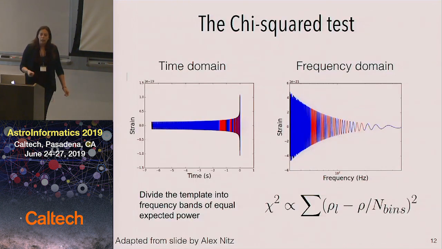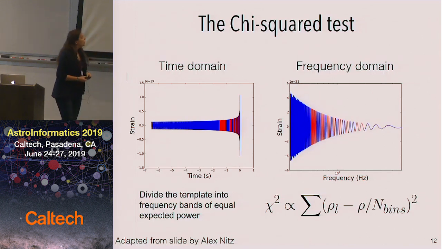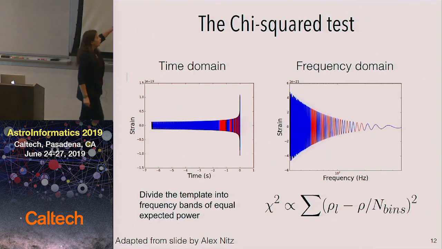More generally, what we can do to gauge whether this is a glitch or a real signal is what we call the chi-square test. This is a pretty powerful method. You can do it either in the time domain or the frequency domain; it's completely equivalent. You divide your signal up into portions that have equal SNR.